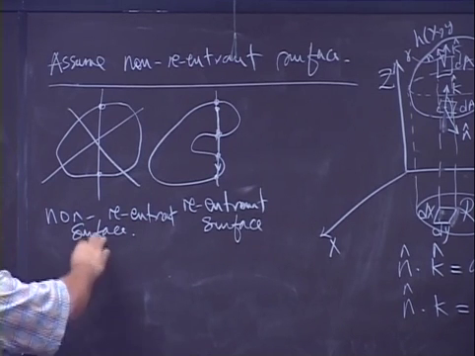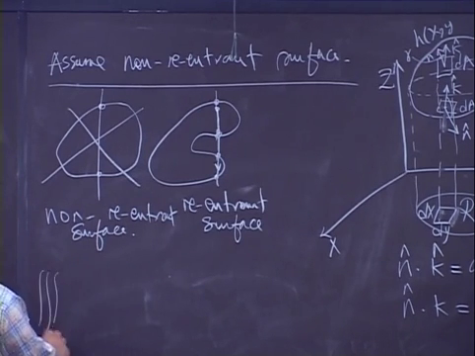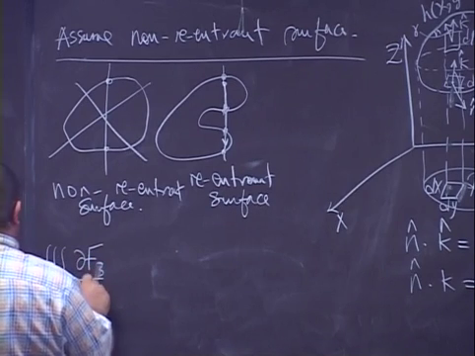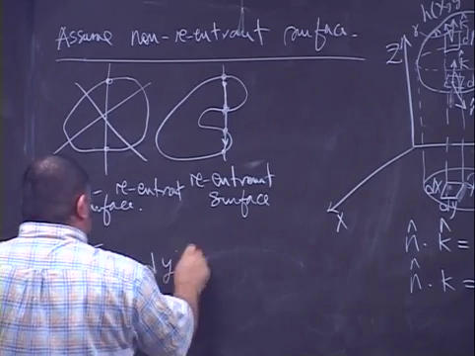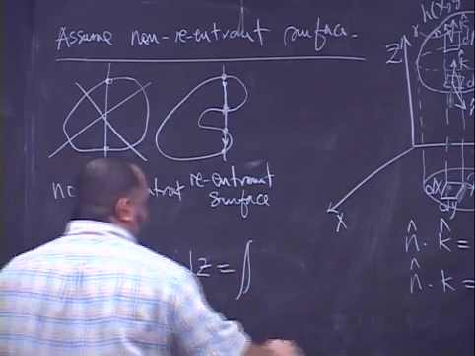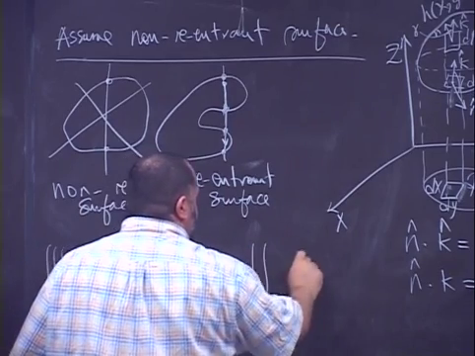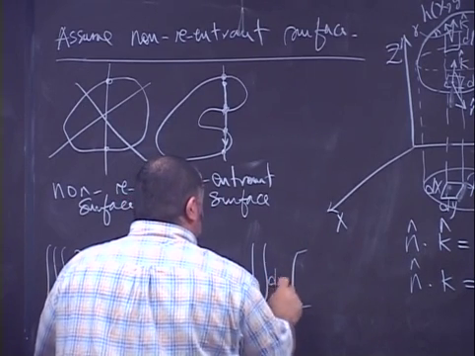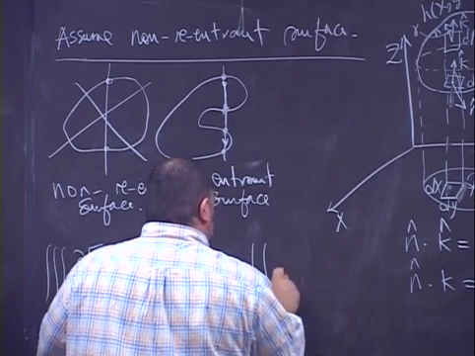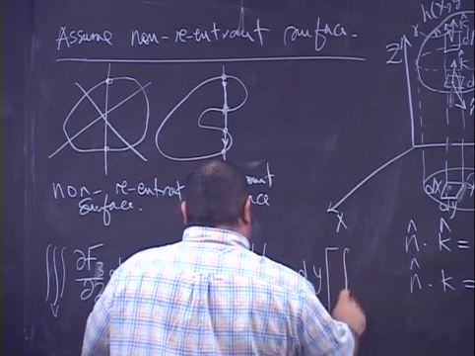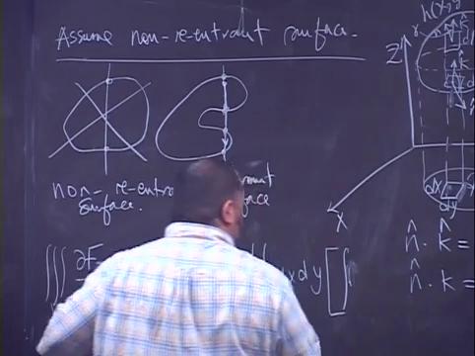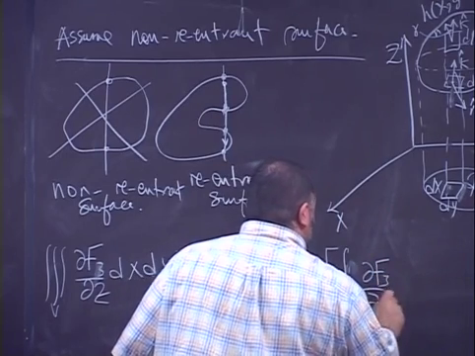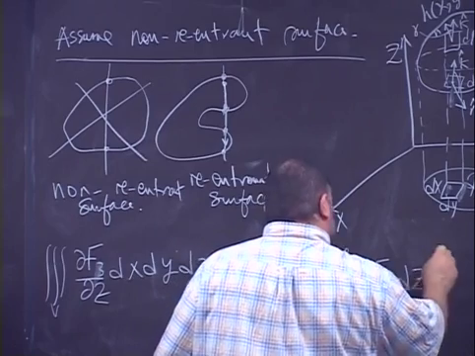So we'll assume that we have this. Then we'll evaluate now over the volume df3, which is dfz, df3 by dz, dx, dy, dz. So this will be dx dy, df3 by dz dz.